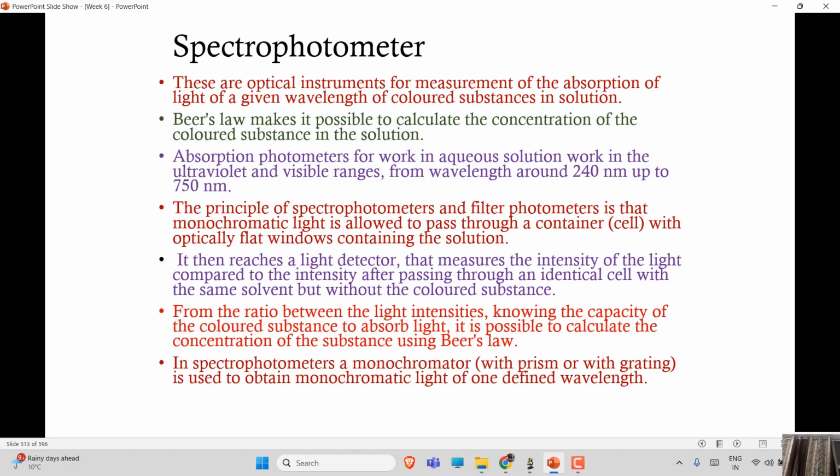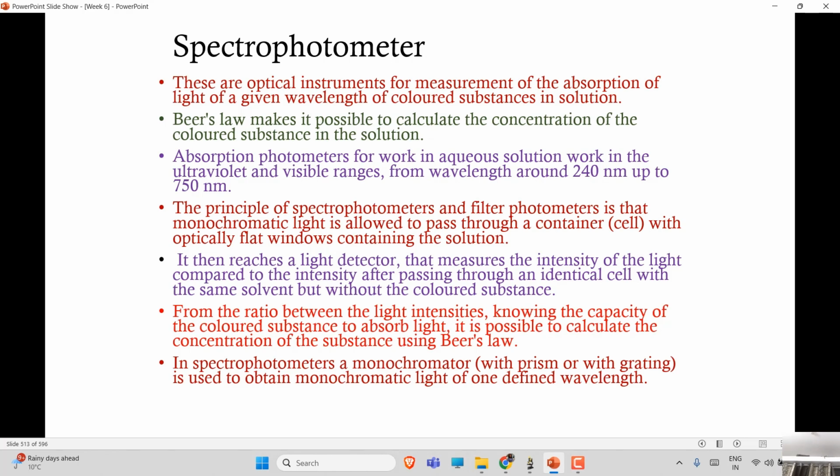Now, these are optical instruments, spectrophotometers, for measurement of the absorption of light of a given wavelength by colored substances in solution. Beer's law makes it possible to calculate the concentration of the colored substance in the solution. Absorption photometers for work in aqueous solution work in the ultraviolet and visible ranges from wavelength around 240 nanometer up to 750 nanometer.